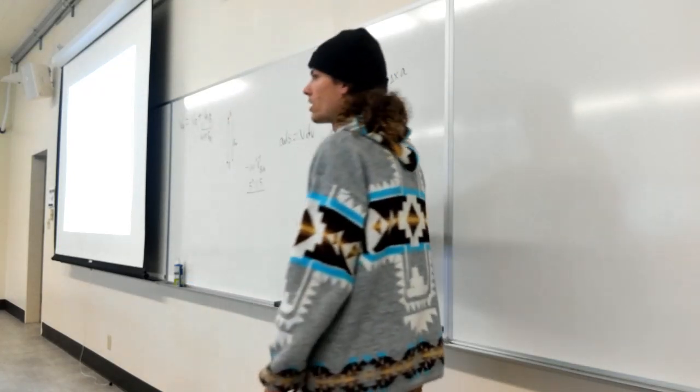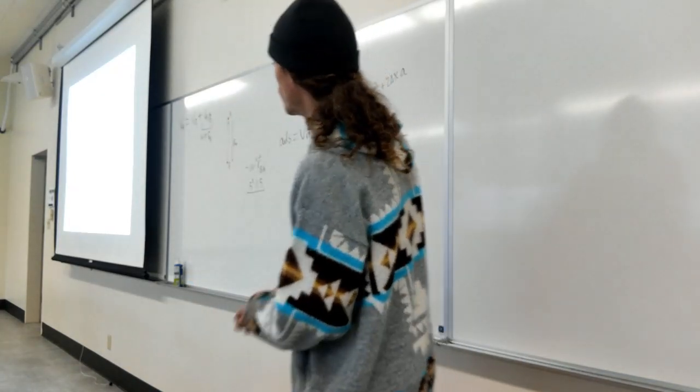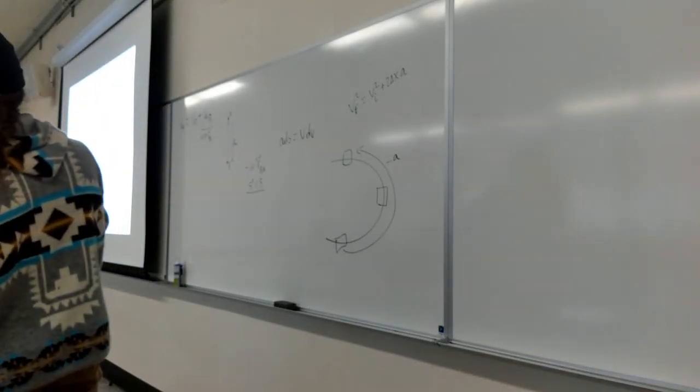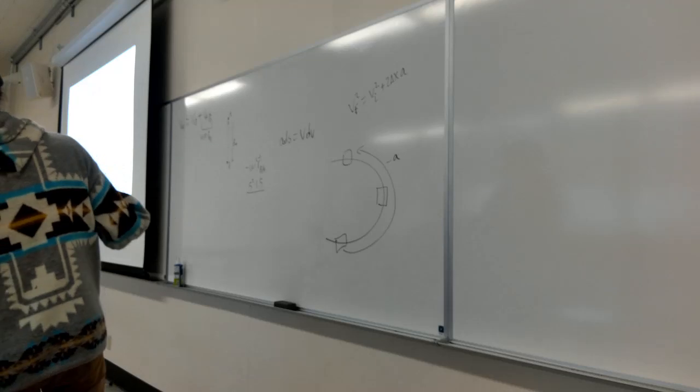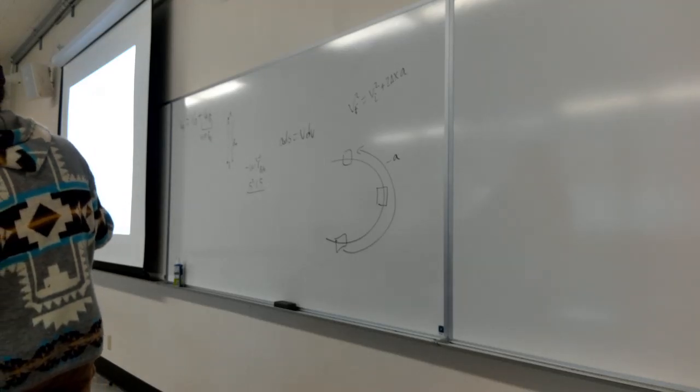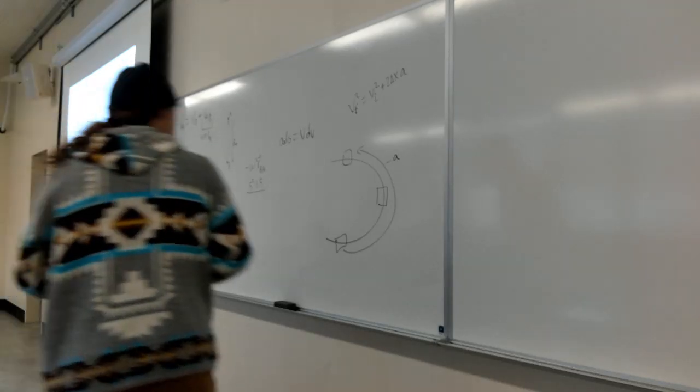You can still use this even though it's going around a curve. And that's what I'm trying to show here. This is just in angular terms instead of total acceleration. But just remember that you can still use those.